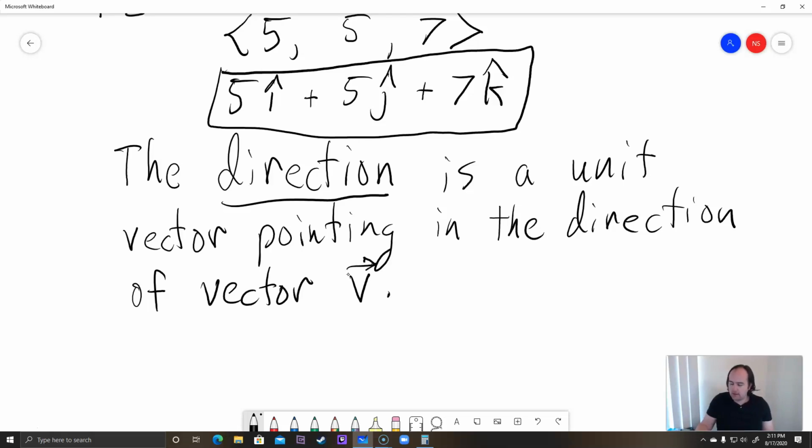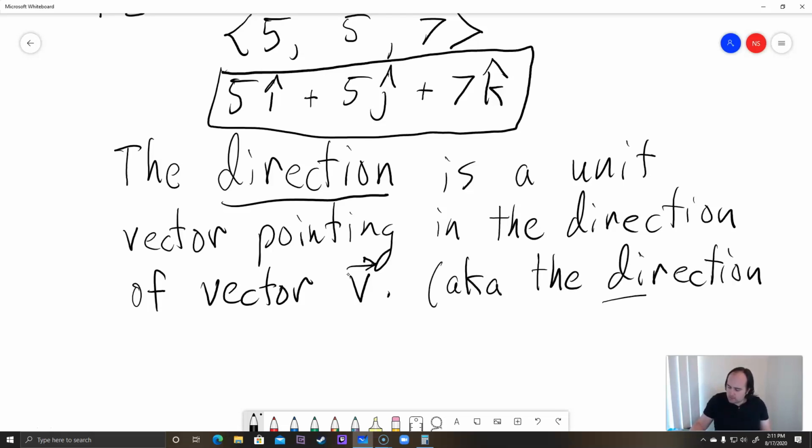Or they can call it the direction of v. Sometimes they'll just say the direction, other times they'll say the direction of vector v. Two different names for the same thing.